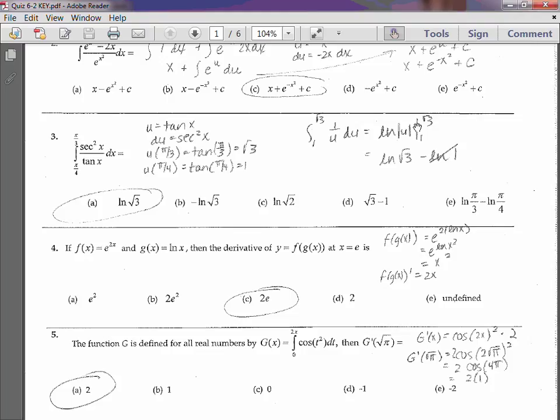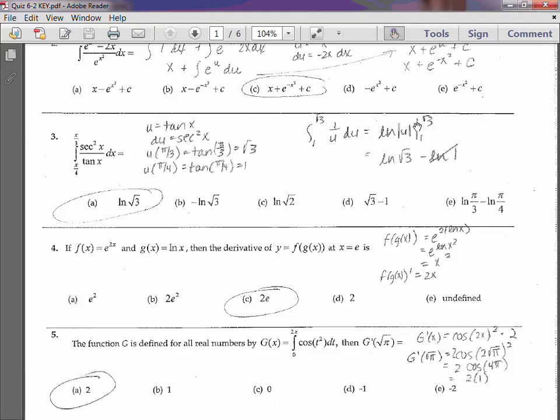Now, if I let u be secant x, what's the derivative of secant? Secant tangent. Good. The derivative of secant is secant tangent. If I were to try to let u be secant, the derivative would be secant tangent. That does not perfectly take care of what we have.